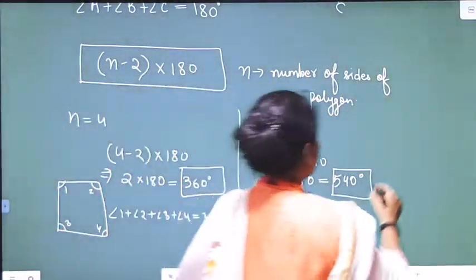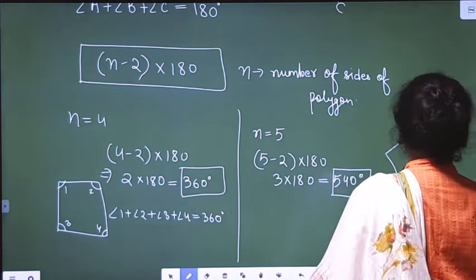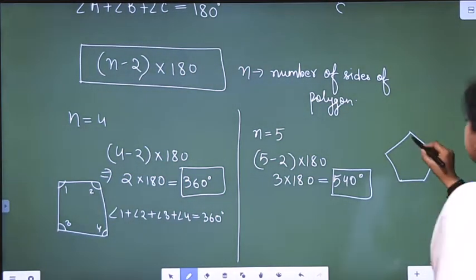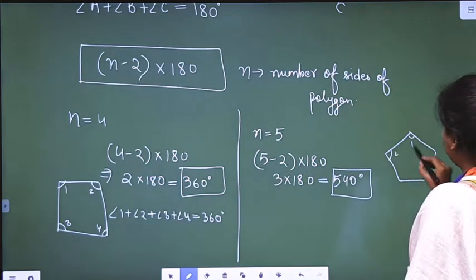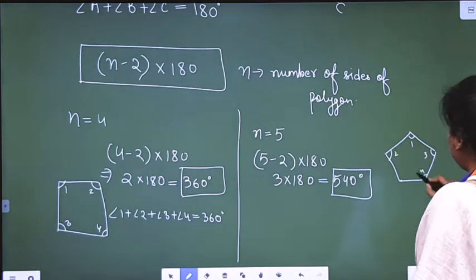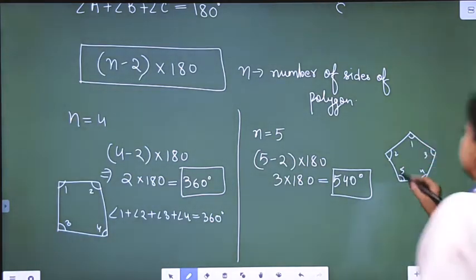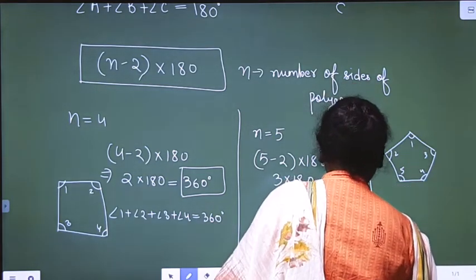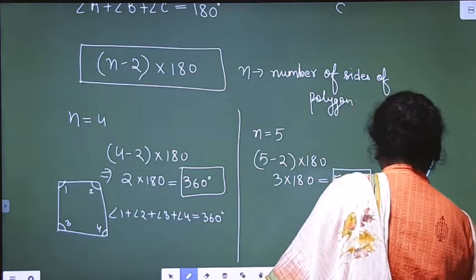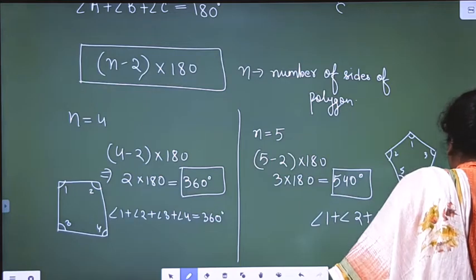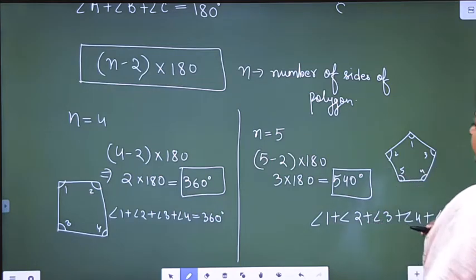Here let us draw a pentagon. It has 5 angles. Let this angle be 1, this be 2, this be 3, this be 4 and this angle be 5. So angle 1 plus angle 2 plus angle 3 plus angle 4 plus angle 5 must equal 540 degrees.